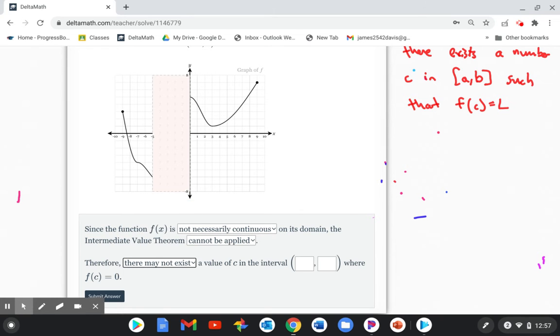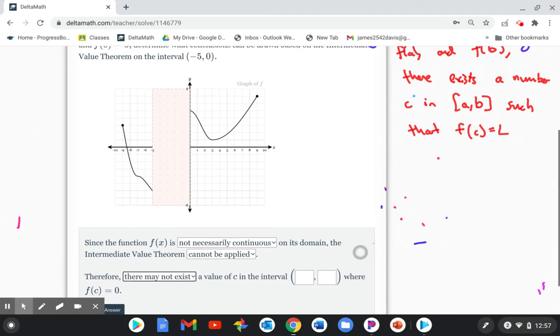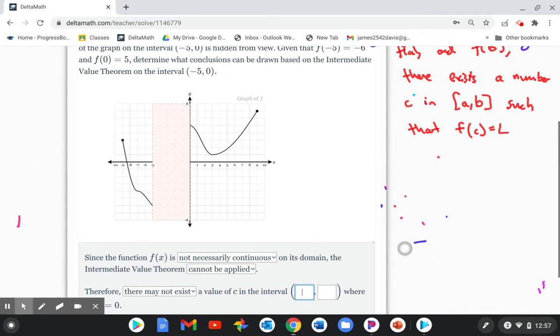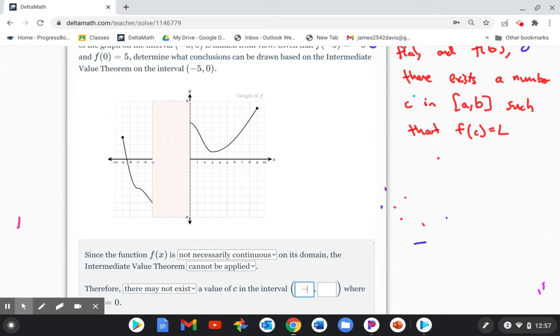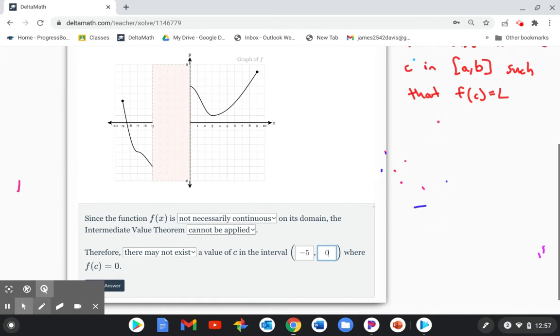Therefore, there may not exist, and then the x there, which is -5 to 0, there might be some value where f of c equals 0. However, we can't tell because we don't know if this function is continuous. Again, maybe this is a piecewise function. Maybe it goes up for a bit and then drops off and then starts up again. We don't know. So there's nothing we can say for sure.